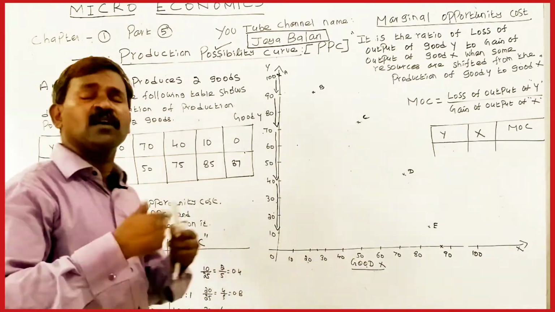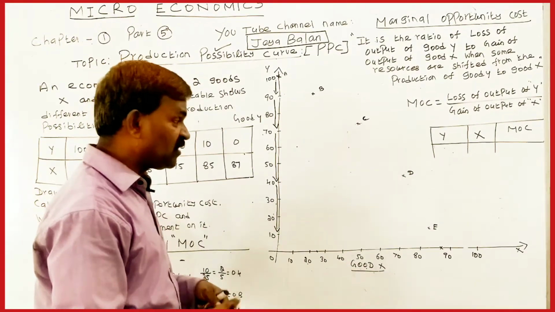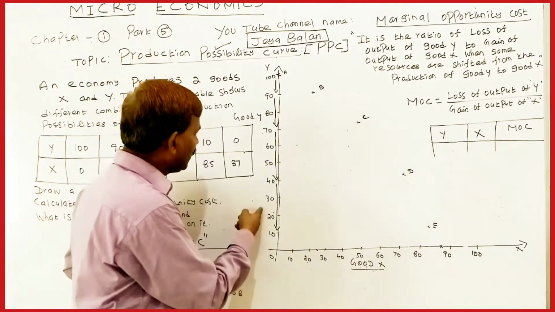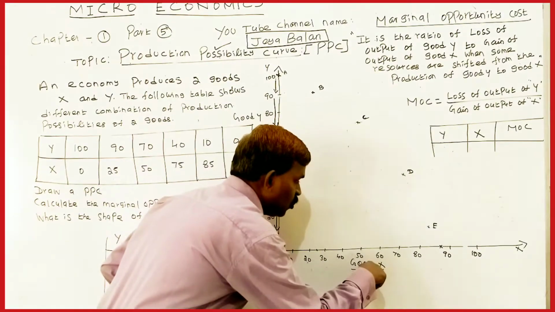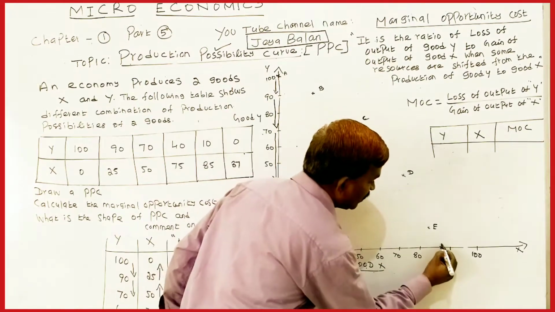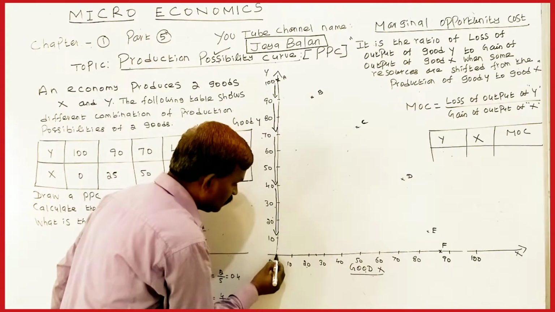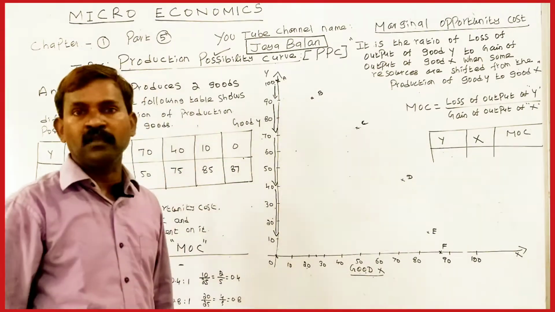And again the economy wants to increase the production of good X from 85 further by shifting all the resources from the production of good Y to the production of good X. So what happens? The economy is able to produce 87 units of good X and no unit of good Y. Why?